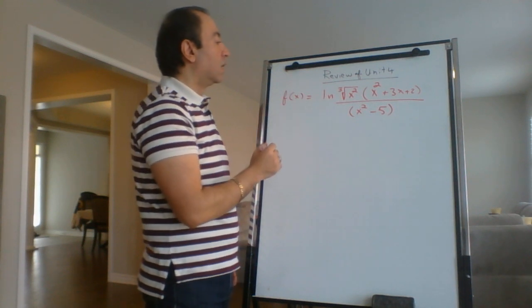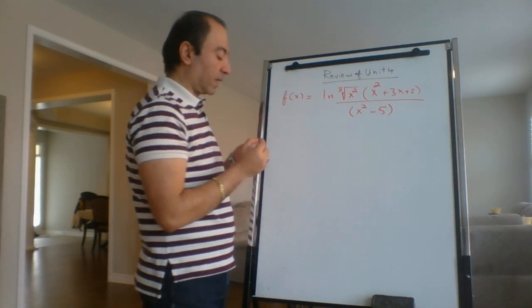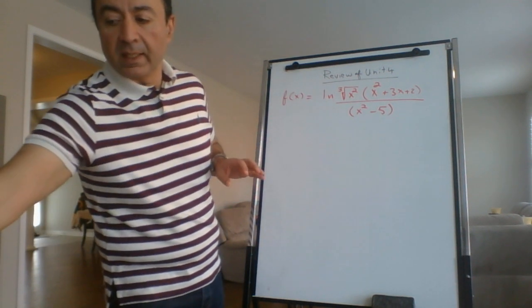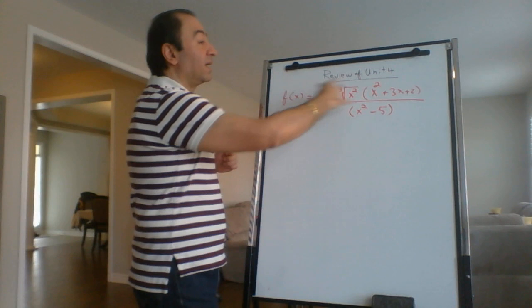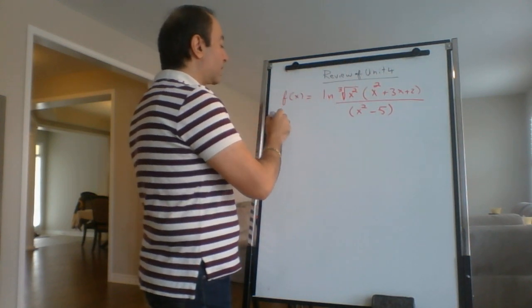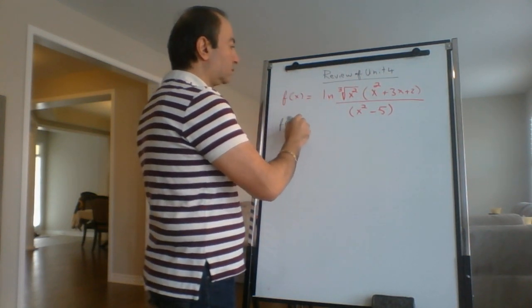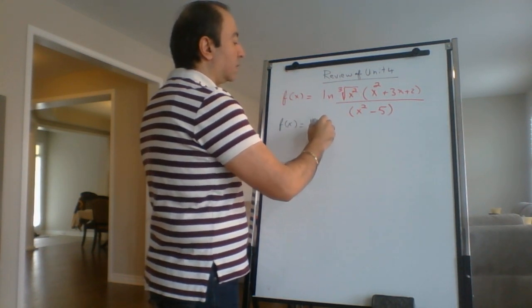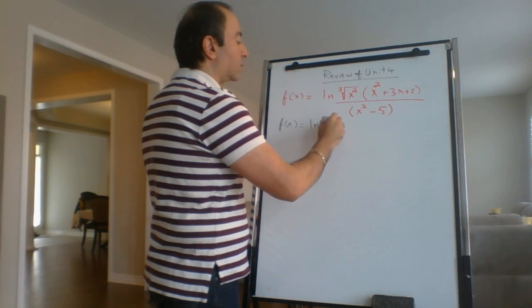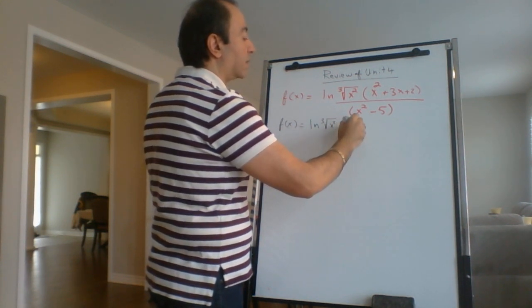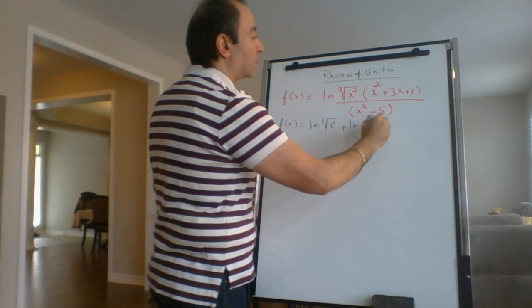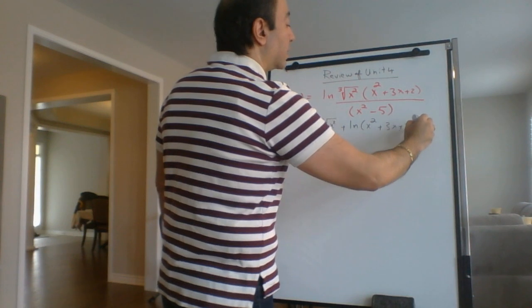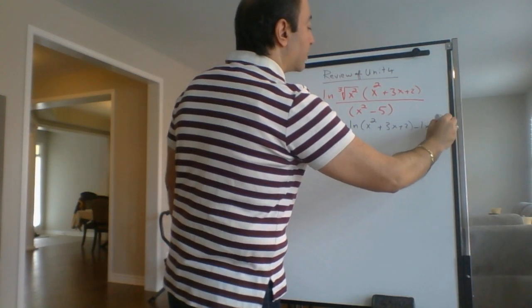So let me show you how to do that. When you have something complicated like this with ln and log especially, try to have as many ln's as you can. So I can write this using product and quotient rule as ln the cubic root of x squared plus ln x squared plus 3x plus 2 minus ln x squared minus 5.